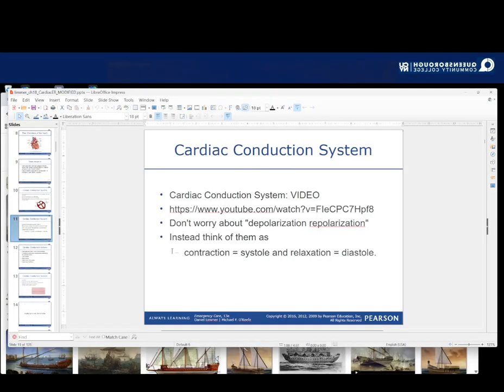For those of you who want to learn more, and you don't have to, here is a link to a decent video about the cardiac conduction system. The reason why I chose this one is because if you just went by yourself to YouTube and searched for cardiac conduction system, the vast majority of the videos you get out there are way too advanced, too complex for the needs of an EMT.